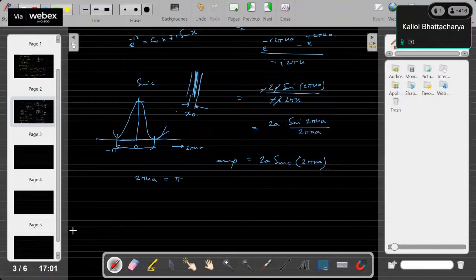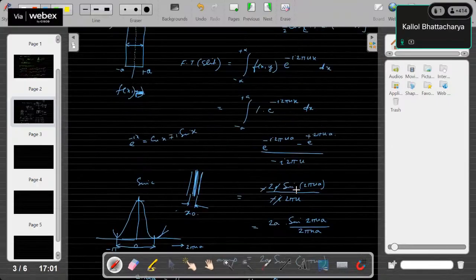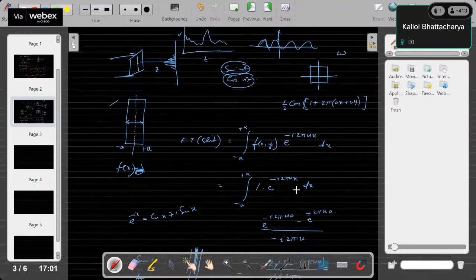The question is, how do we introduce x naught here? Because you have to remember, from the last class we have seen that u is equal to x by lambda z. What is z? This is z, the distance of the screen from the slit.